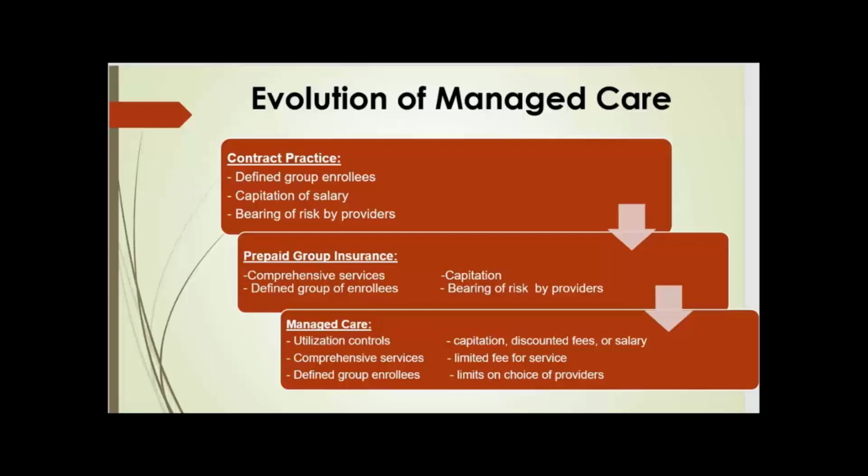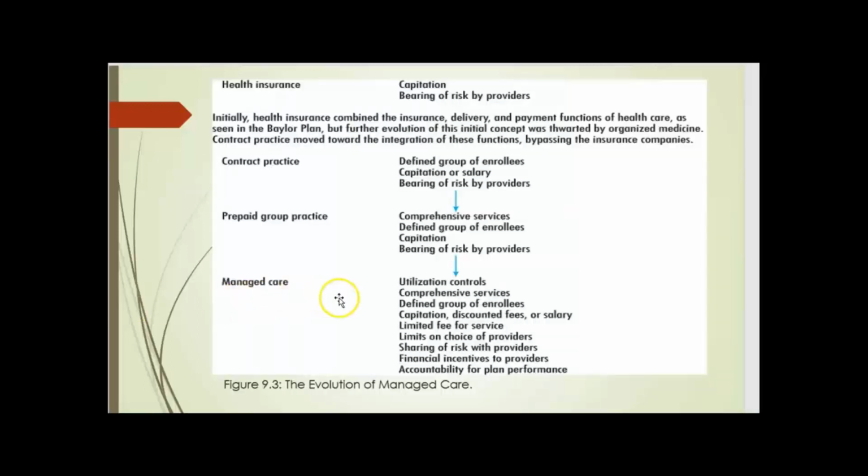And then we get to managed care. And this is where everything listed above is included, but it goes a step further and it includes utilization controls. So that kind of gives you an idea of this evolution of managed care. Here's another figure that goes through the evolution of managed care, and it's also a little more detailed.